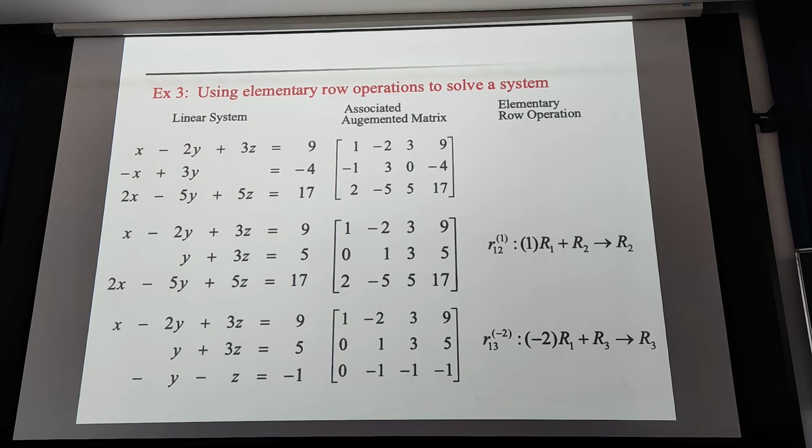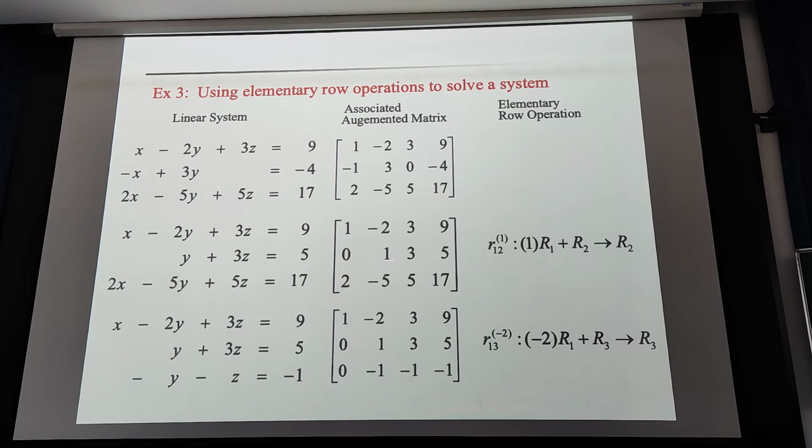Suppose that we are given a linear system like that one. First we write down the matrix, which is here. Then, the first step, we apply that operation. It means that we add the first row to the second row. We get a new second row.